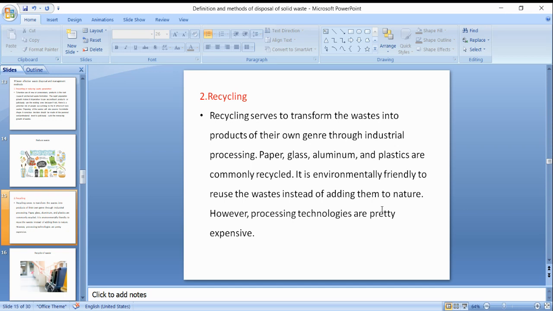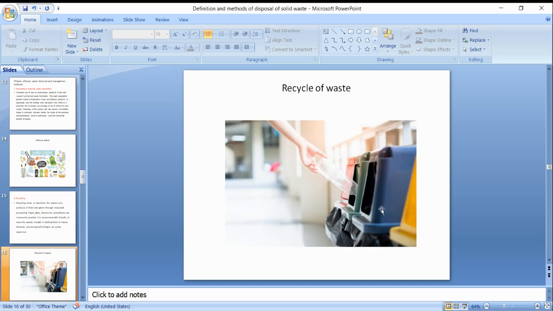So we are reducing disposal by recycling all these things, which are commonly used in our daily life. However, processing technologies are pretty expensive, and the machinery to recycle all this is costly.